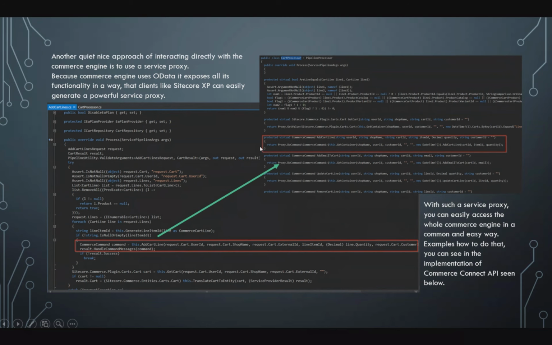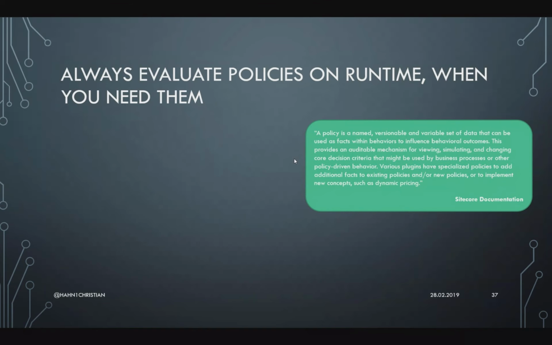Then let's talk about policies. I start with a quote of the Sitecore documentation. What is a policy? So basically it's just a piece of setting in Sitecore XC. So what you had earlier in XP, like a config file or setting item in the global area, we now have as policies. I want to show you how you could handle policies.